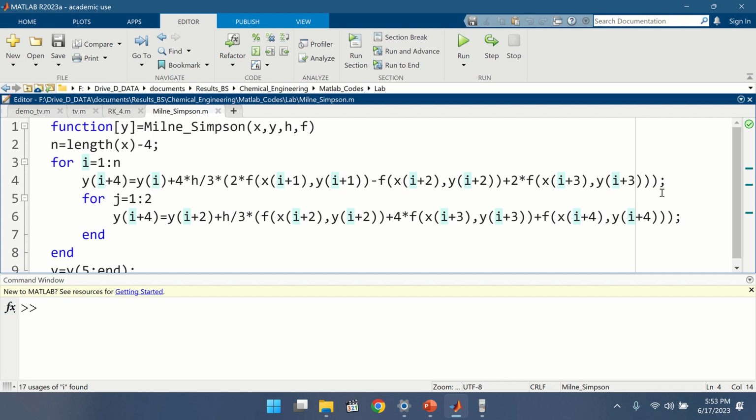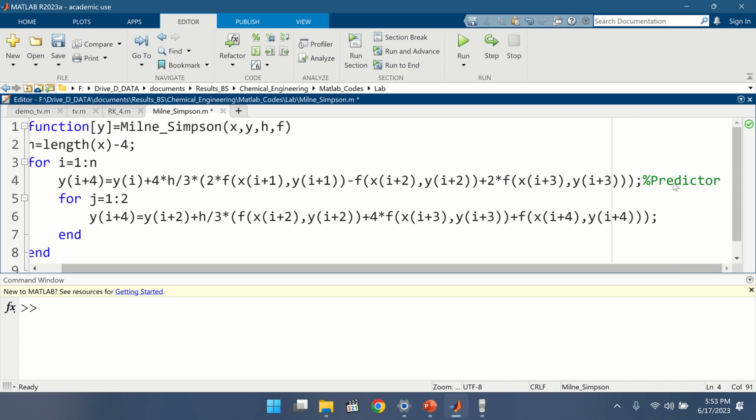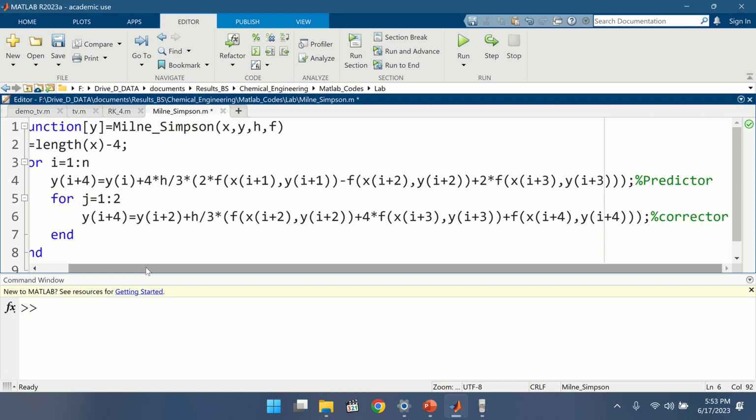This is the predictor formula. I may write it here, predictor, and the next one is our corrector. So in the corrector, what do we have?